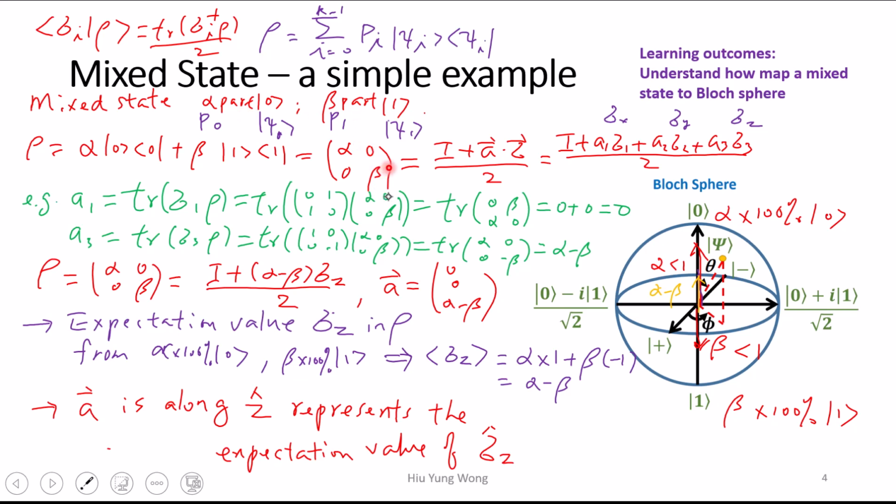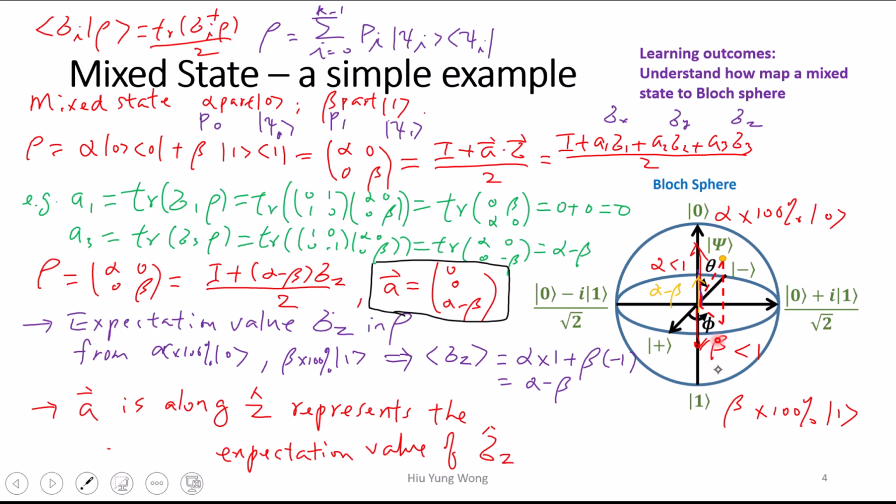We found that the Bloch vector A, and this is the main point that we're trying to understand, in just this case turned out to be along the z-axis. And its length actually is the expectation value if we were measuring sigma z.